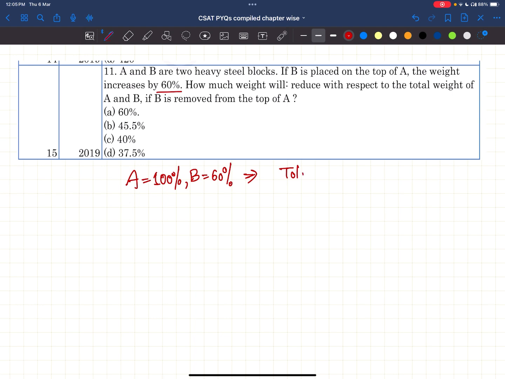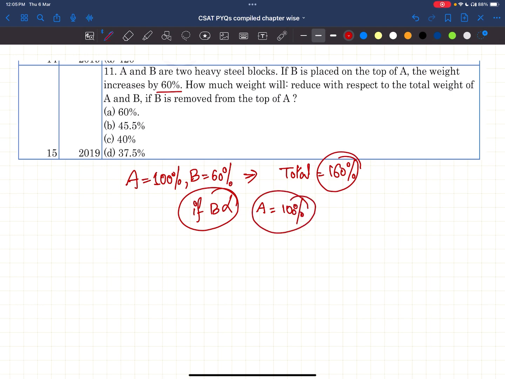Total will be 160%. Now, if B is removed, what happens? Only A is remaining, that means 100%. And we should find out the percentage reduction of weight.